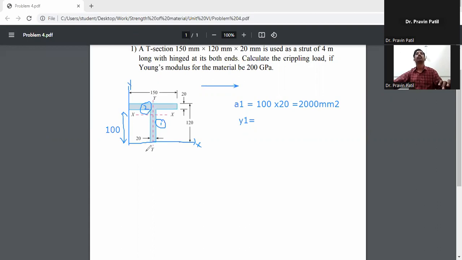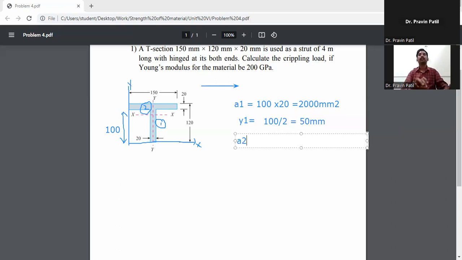So y1 is measured from the x-axis, considering only the web. The web depth is a total of 100, so y1 is 100 by 2, which is 50 mm.